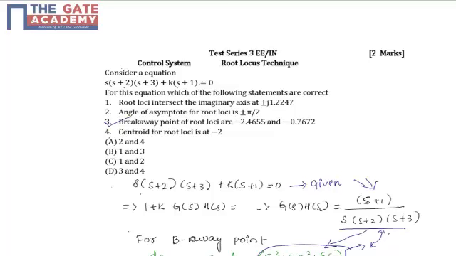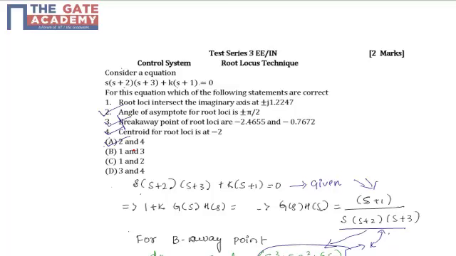We have obtained s as plus or minus root 1.5. So the first statement and third statement are false. So the only correct statements are 2 and 4. So the option is A.